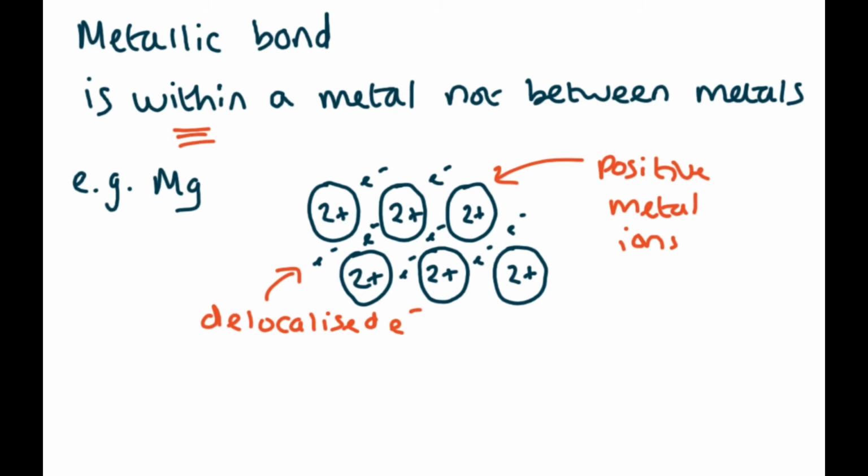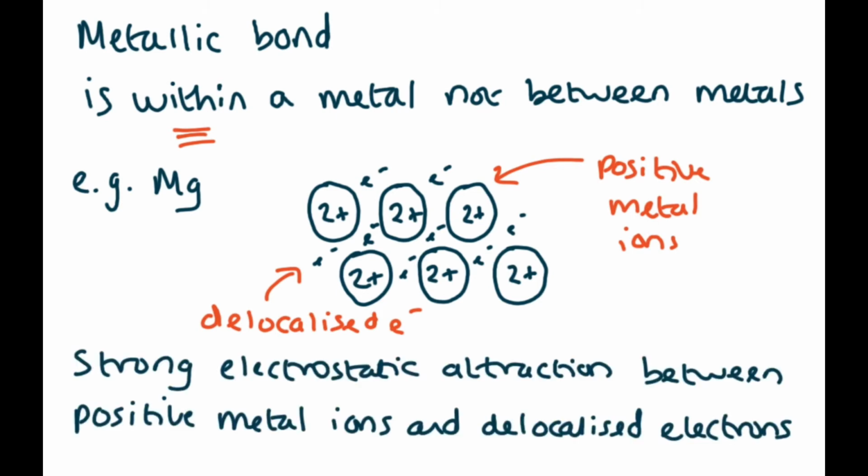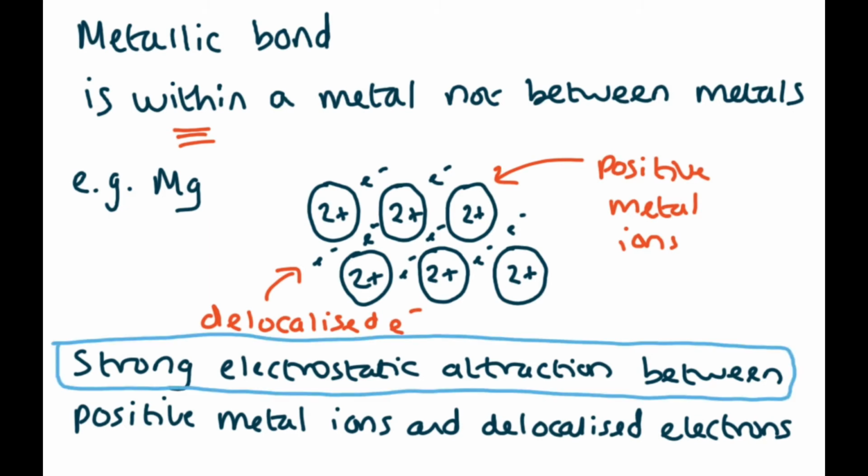And the outer electrons are delocalized, which means that they are free to move through the structure. That's a metallic bond within a metal. And the definition is a strong electrostatic attraction between positive metal ions and delocalized electrons. Can you see that that first part is exactly the same as an ionic bond?